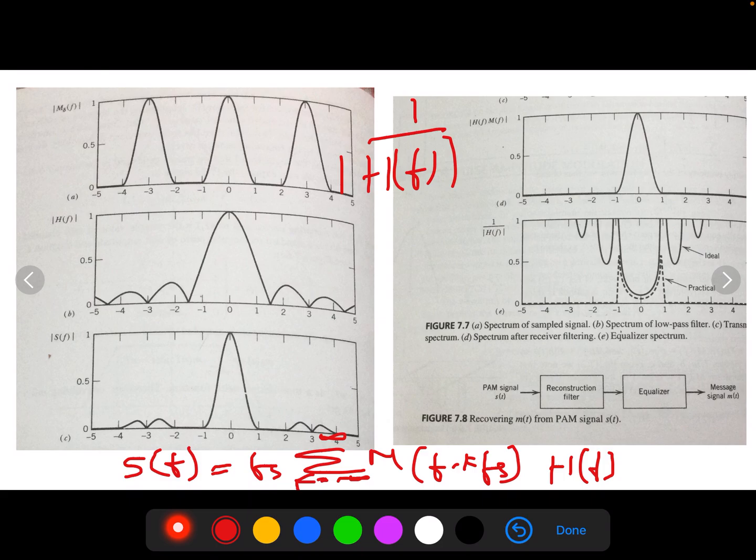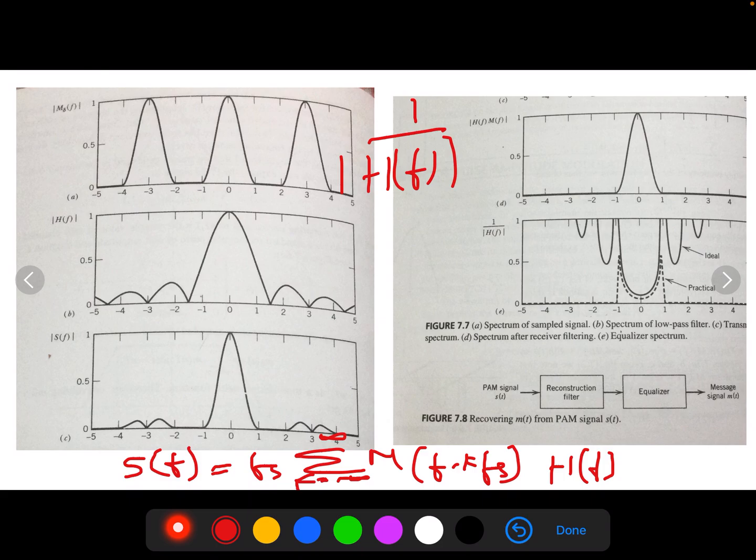So in today's video, I have explained pulse amplitude modulation. What is the difference between natural sampling and flat top sampling?